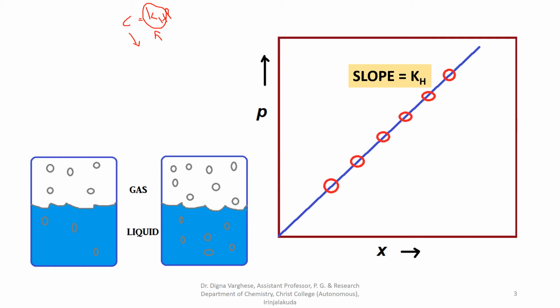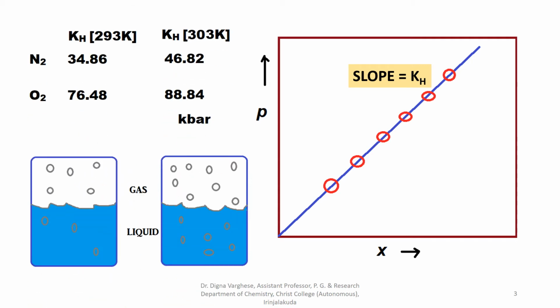You can see this directly from the table given here. For nitrogen the value is 34.86 at 293 Kelvin. For the same gas at 303 Kelvin, its value increases to 46.82. At this point the solubility of the gas decreases.